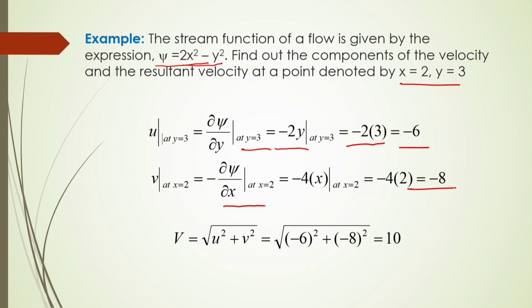And so, resultant velocity V will be equal to root over u square plus v square. So, this will be coming as 10. So, what will be the resultant velocity if the stream function is 2x square minus y square at any point, you can easily calculate by this stream function.